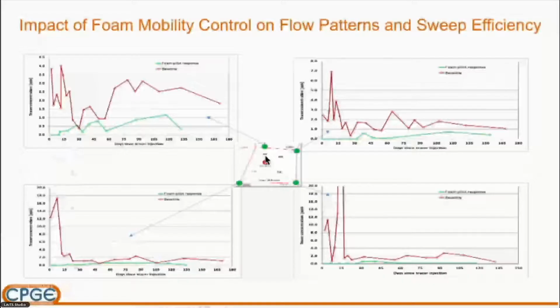The tracer was injected into the injector, the red one right here, and then the tracer concentration at the 4 producers was monitored, analyzed, and plotted versus days. So the idea here is that the earlier the tracer breakthrough, the stronger the evidence of a preferential flow path between the injector and the producer.